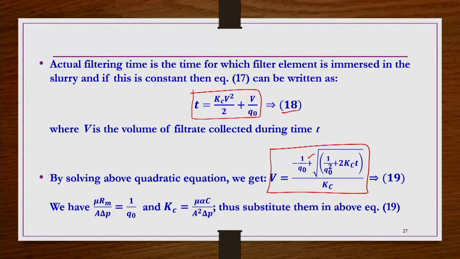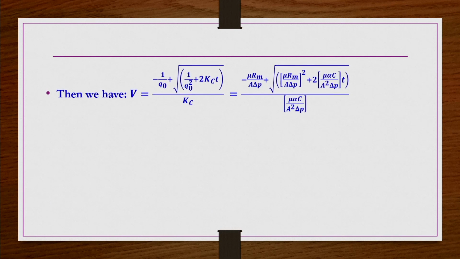Here we know what Kc is. Kc is nothing but mu alpha c by A square delta p, and 1 by Q naught we also know as mu Rm by A delta p. If you substitute them in equation number 19, then we have this equation.